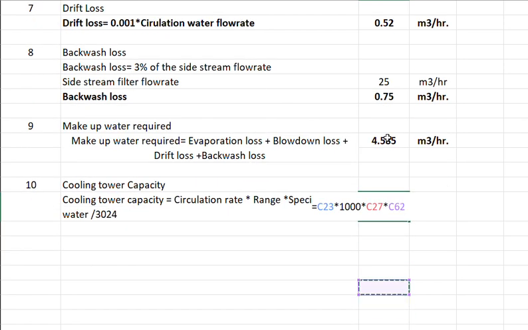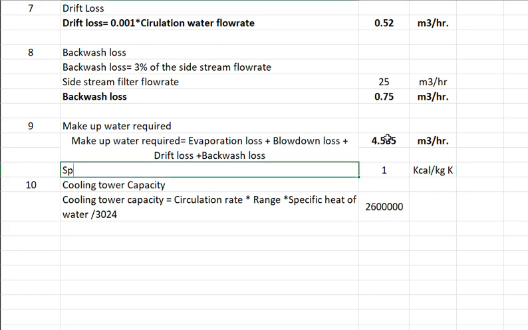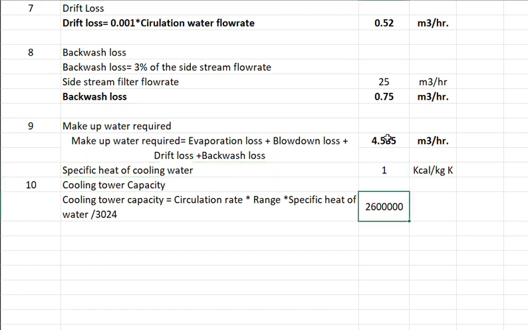The value we get is 1 kilocalorie per kg Kelvin, the specific heat of cooling water.